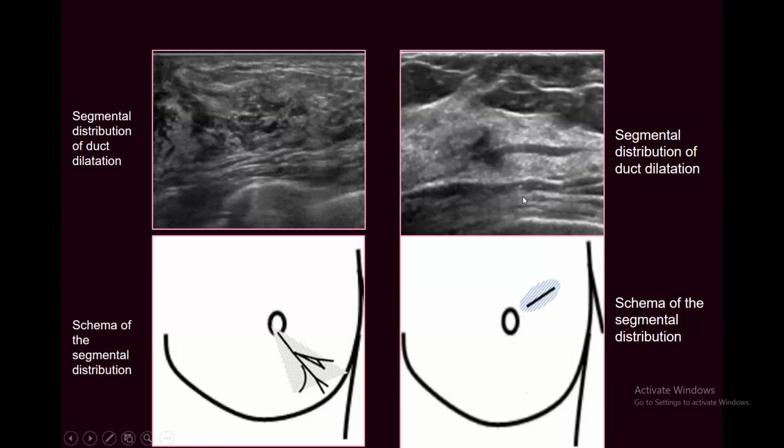Here we can see illustrations, a schematic view, and an ultrasound image of segmental distribution of ductectasia. It can be a single duct or multiple ducts, but whether single or multiple, segmental ductectasia is a suspicious ultrasound finding.